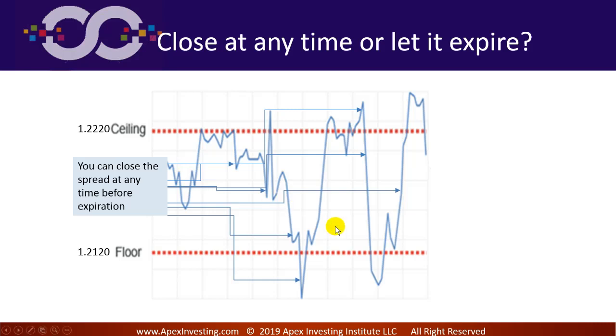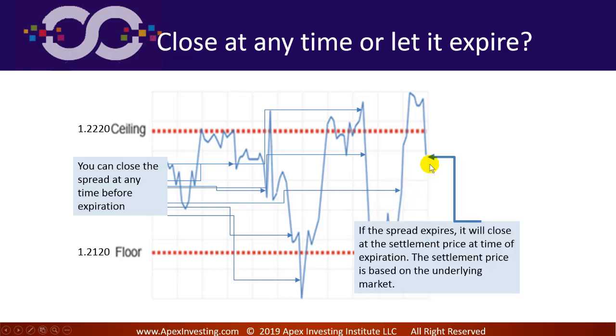Or it could fly way down against you and you'd still be able to stay in the trade and be down just your maximum risk on the trade, and it could come back up and you could sell it again. And then it could come down and you could buy it back. Or you could hold on to it and the spread expires, it will close at the settlement price.